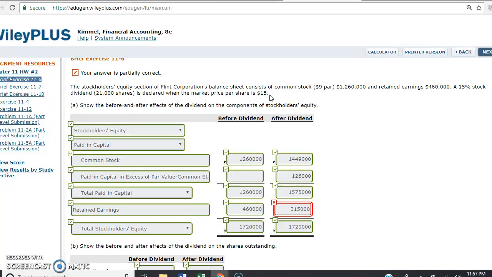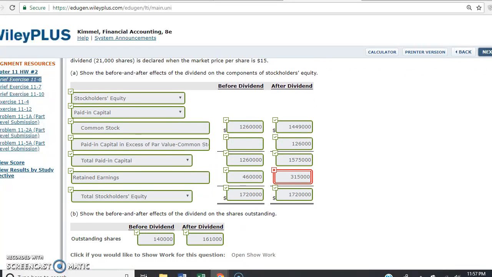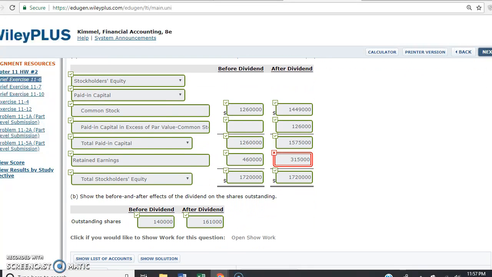We multiply that by the new number of shares added, which is 21,000 shares. 21,000 times 6 gives you $126,000, and that was paid in excess of par because it increased from $9 a share to $15. That one wasn't too bad. After that, you add those values together to find the total paid in capital amount.